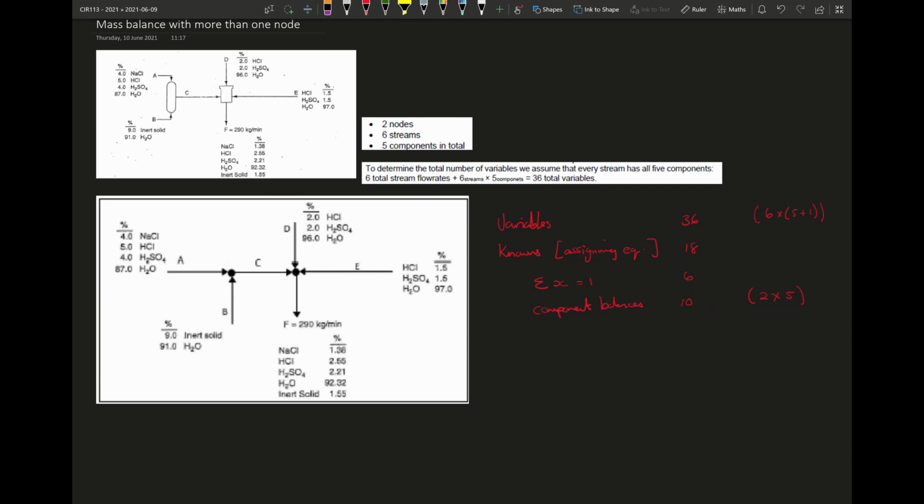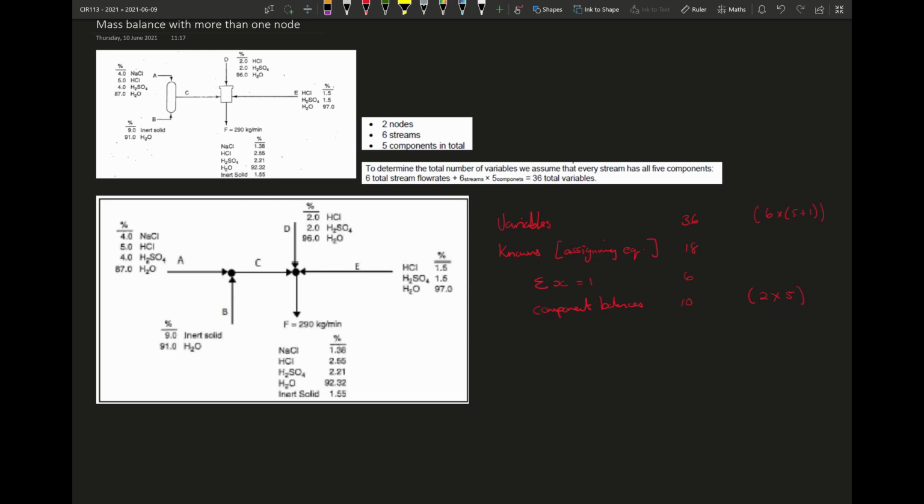And I told you yesterday in class that when I did this the night before, I got this to be overspecified. So there must be some other equations here that we can use to solve this mass balance. And guys, this is where things get a little bit difficult in a problem like this, and where, although this is a recipe, you still have to apply your mind a bit.